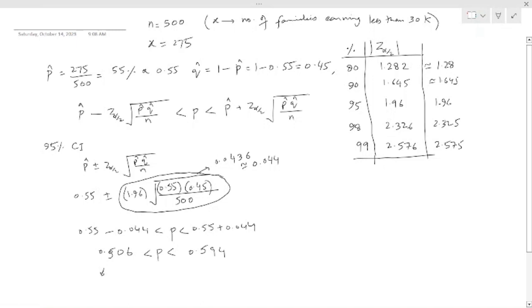Writing these in percentage terms, that is 50.6% and 59.4%. If we want to generalize our opinion about the entire population, we can comfortably say that the lower bound percentage is exceeding 50.6%. It indicates that the majority of the population is earning less than 30,000 and facing the problem of managing their households in a very difficult way.